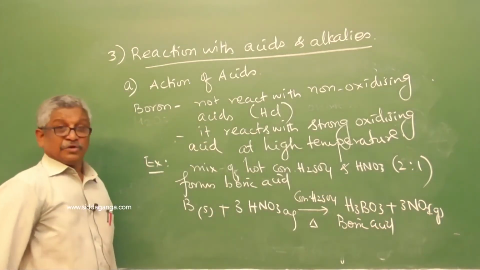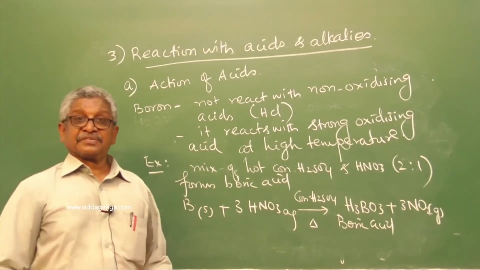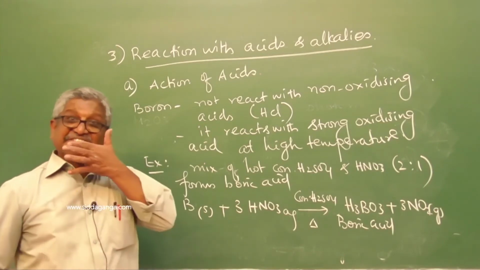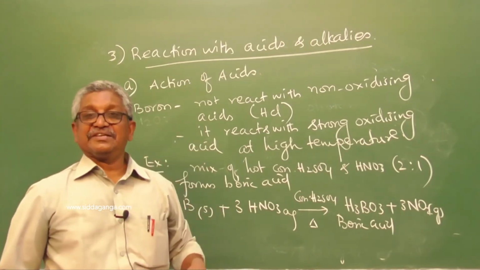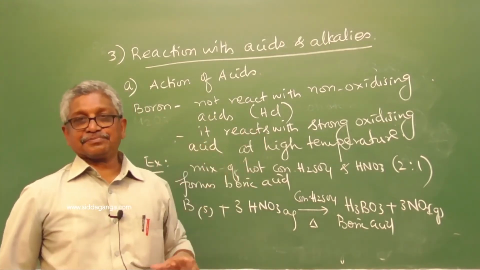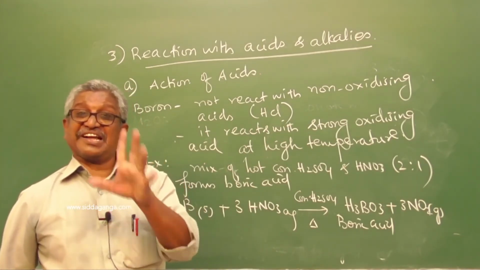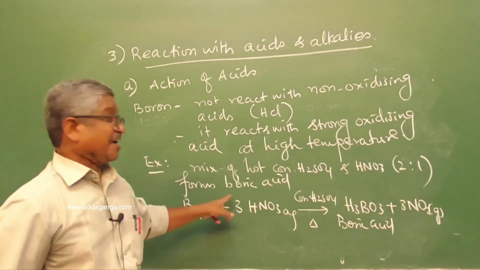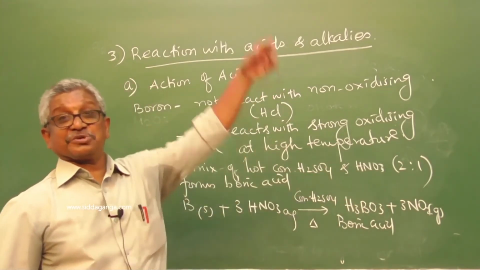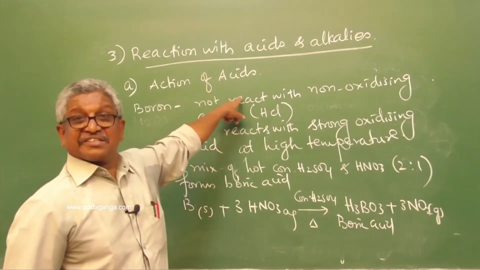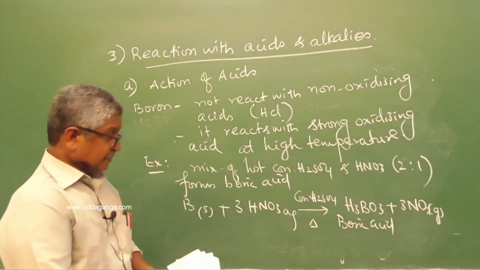Remember again, boron will not react with non-oxidizing acid, whereas the other elements react with both non-oxidizing and strong oxidizing acids. Boron reacts only with a strong oxidizing acid, like the mixture of concentrated H2SO4 and nitric acid in the ratio 2:1, but it does not react with a non-oxidizing acid, for example HCl.